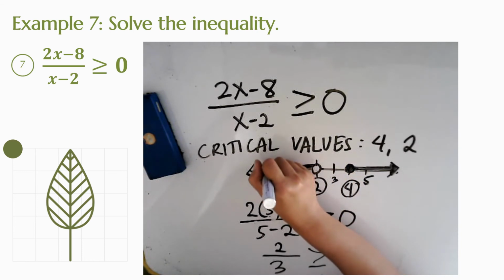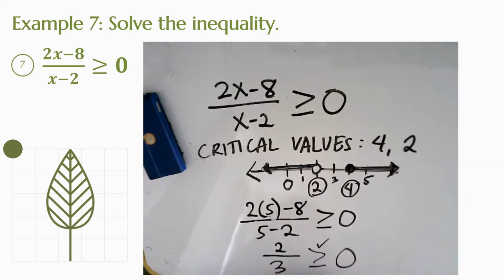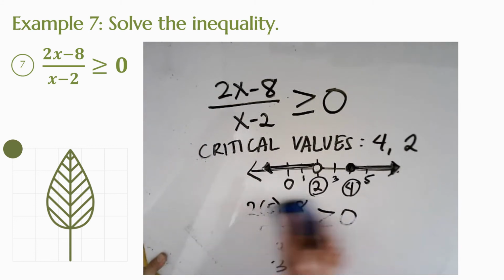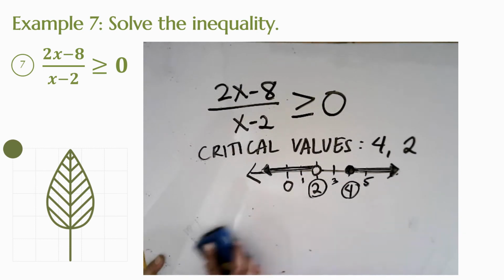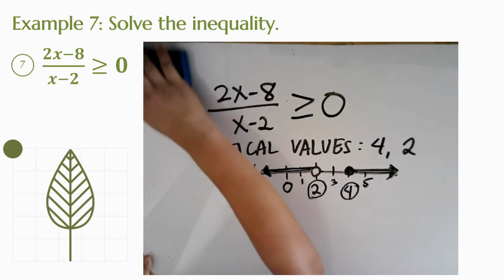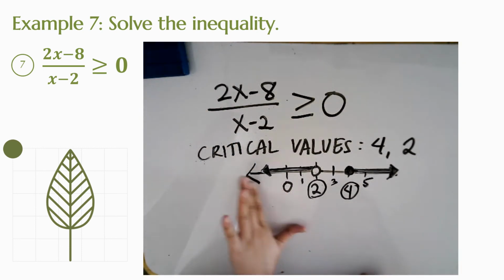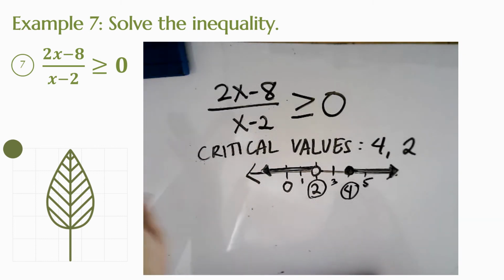Finally, we are going to write the answer. The solutions are from negative infinity up to 2. But remember, 2 is not included. That is why the circle here is hollow.